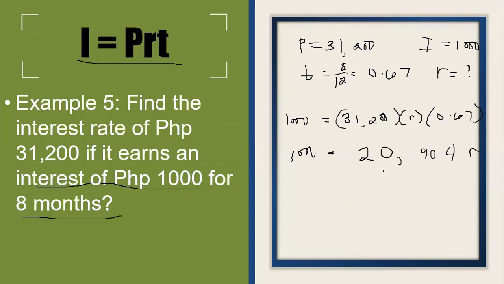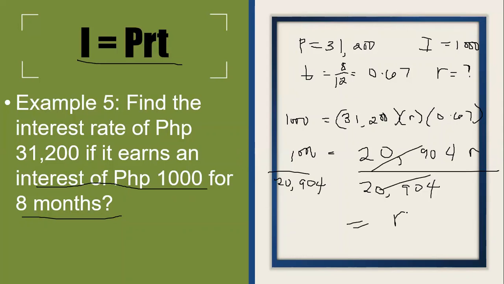20,904 R. So, divide po natin 20,904 and 20,904 equal to R na lang ang matira, cancel out. So, 1,000 divided by 20,904.